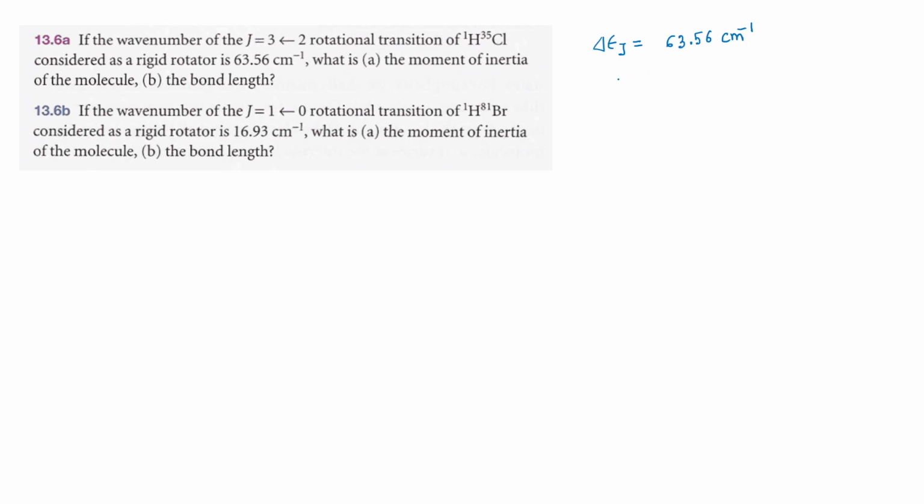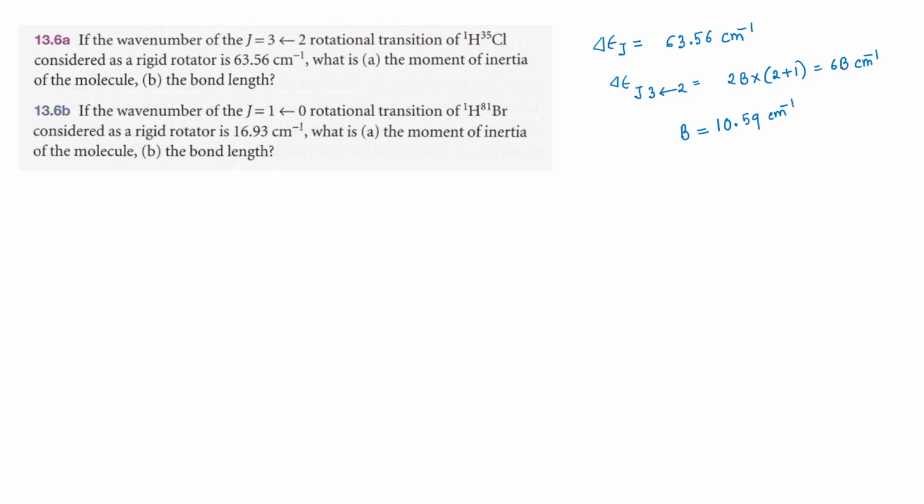So your delta E for J 3 to 2 is actually 2b into 2 plus 1, which is 6b centimeter inverse. So your b is actually 63.56 by 6, which is coming as 10.59. See, this is the typical order what I was trying to say, centimeter inverse.